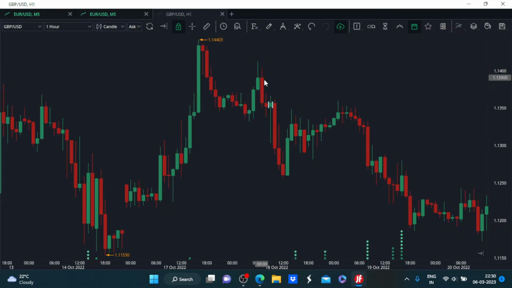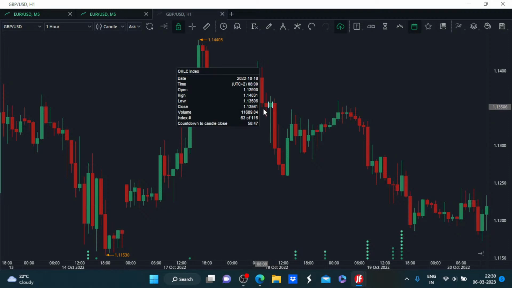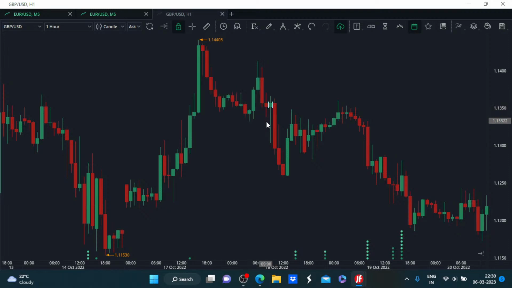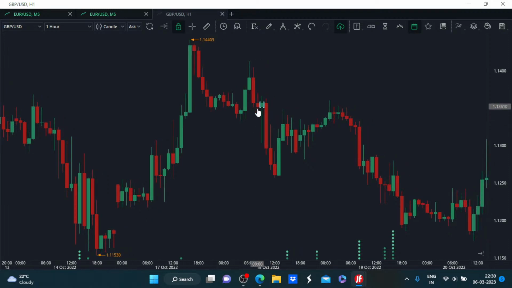In this case, there is a decline in the first candle, and then that decline is sustained in the second candle also. We have this gap down open, and there is not much of a difference between the closing and the opening price, but the continuation of this downfall is there.